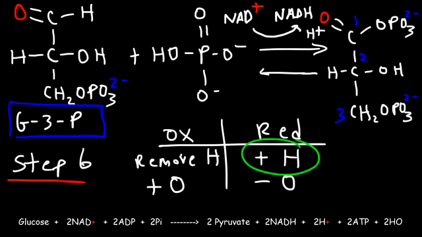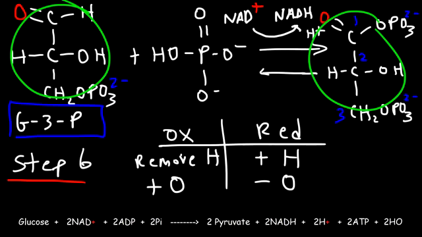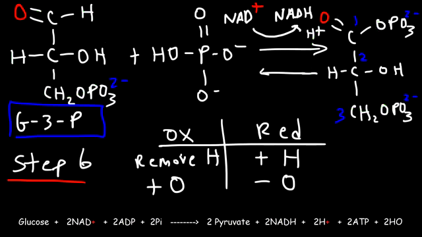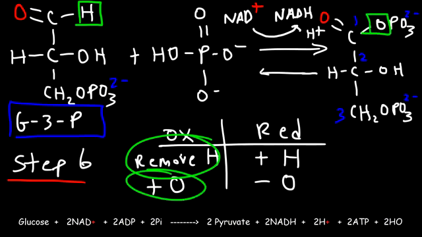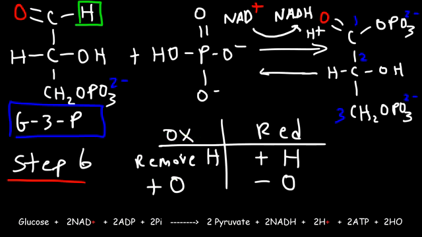So that is a reduction reaction, which means that the conversion of G3P to 1,3-bisphosphoglycerate must be an oxidation reaction because that's the other reaction. And you could see it. Here, we're removing hydrogen, so that's oxidation, and we're adding oxygen, which is also oxidation. So G3P is oxidized to 1,3-bisphosphoglycerate, and at the same time NAD plus is reduced.